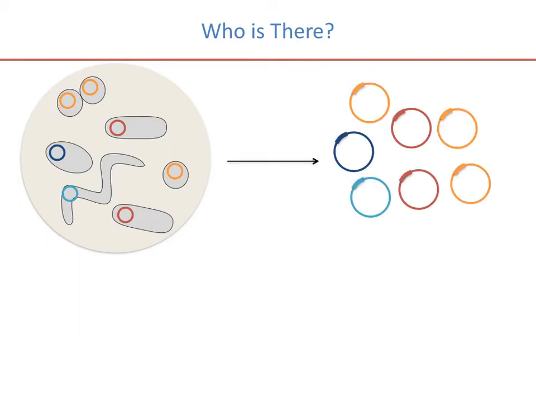So we extract the DNA from the sample, and this is exactly what we did on Wednesday. We took our soil, we took all of the organisms in the soil, and we just extracted the DNA. No worry about growing or anything like that. We just got all of the DNA out.